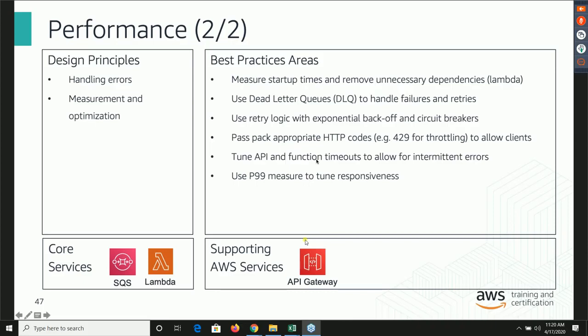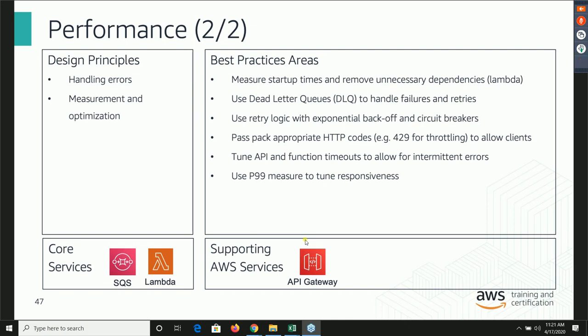Now, two other important aspects are the ability to handle errors when they happen, and optimization, right? So like I said, remove unnecessary dependencies. And what happens when you are failing, but you want to not block the end user, but you still want to do some sort of processing for that particular request, especially when that request is invoked asynchronously?